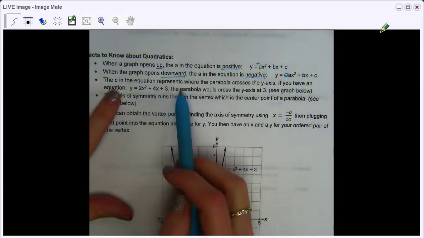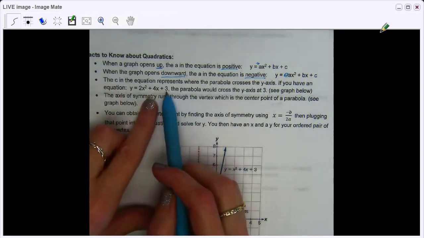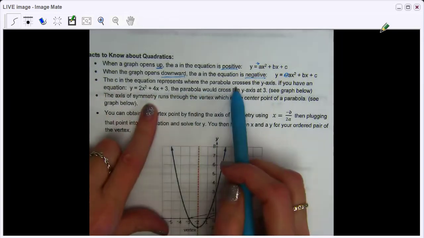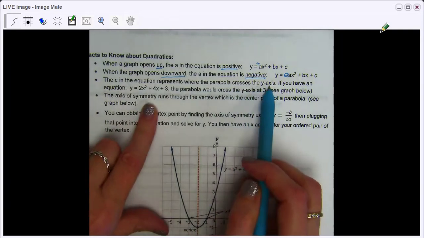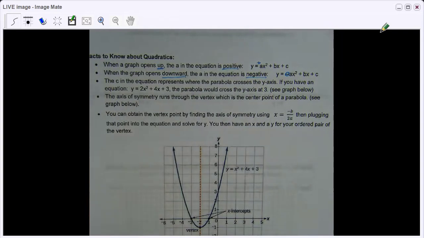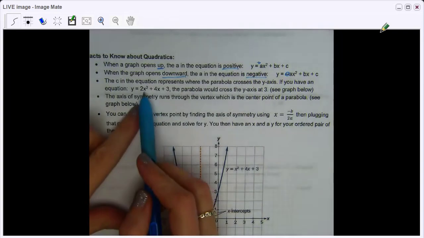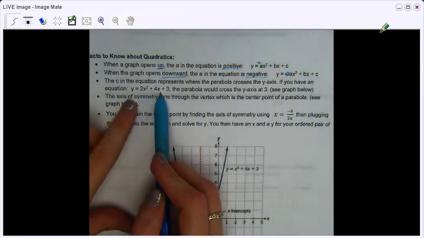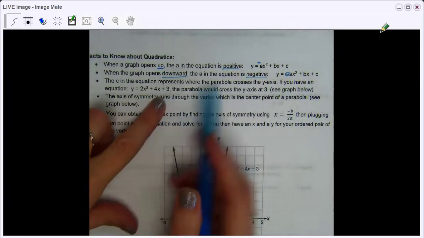The C in the equation, this is C right here, represents where the parabola crosses the y-axis, because at a y-intercept, the x is 0, and then the y has some number, right? Well, if the x is 0 in this equation and we plug 0 in, we're left with 3.